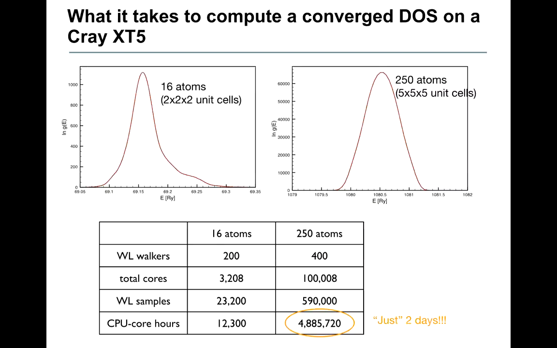So, as I said, we now can start putting this in and converge the density of states for, in this example, an iron system. And we calculate 250 iron atoms, and we have 400 of these Monte Carlo walkers.